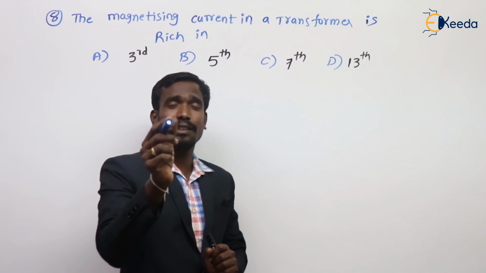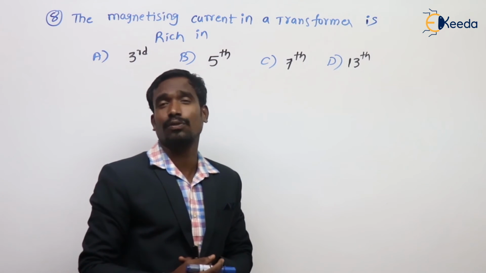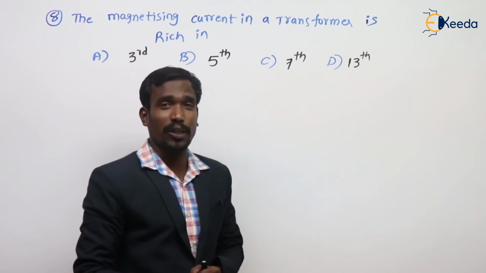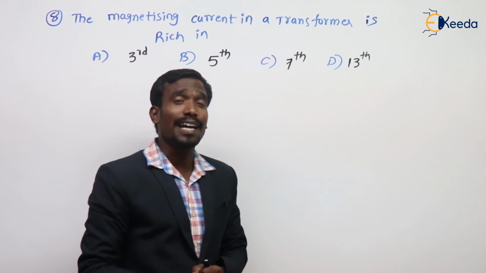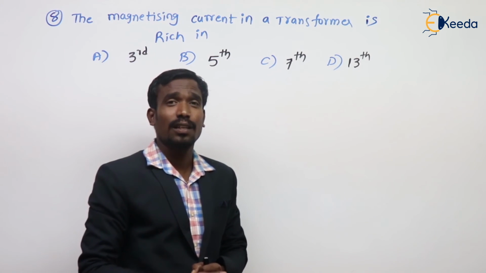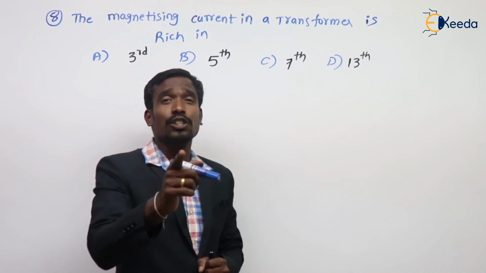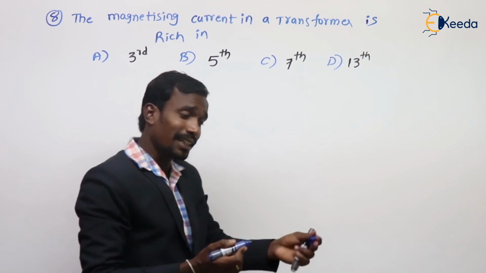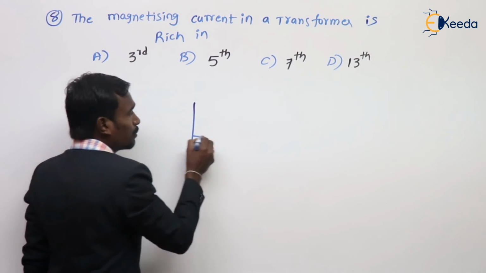This is the very important concept we discussed in three-phase transformers. For the wave shape of the EMF equation, to get the sinusoidal EMF, the magnetizing current should contain third harmonic currents.